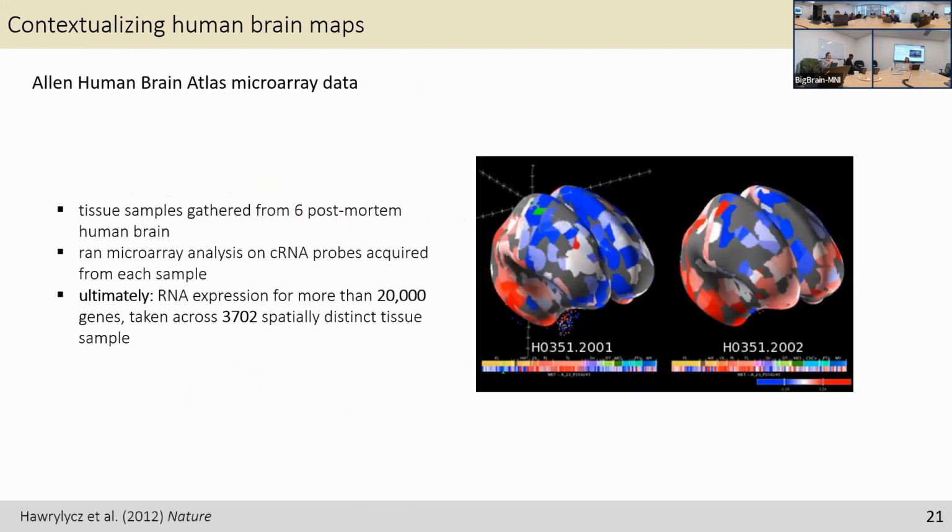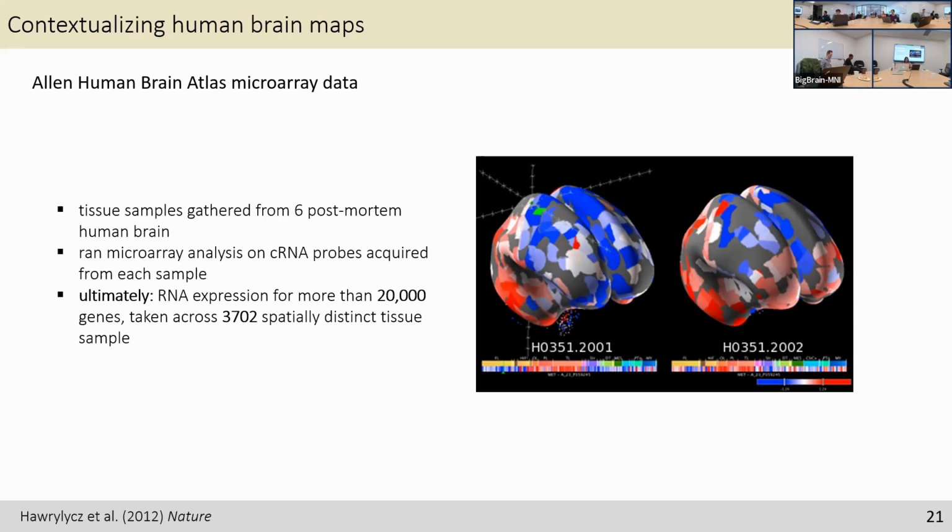For those of you who are less familiar with this data set, it is basically a data set of microarray expression data that has been gathered, as I was saying earlier, from 6 post-mortem brains. They ran a microarray analysis and obtained cRNA probes that they then used to get RNA expression from more than 20,000 genes across more than 3,000 sampled tissue pieces from these post-mortem brains.